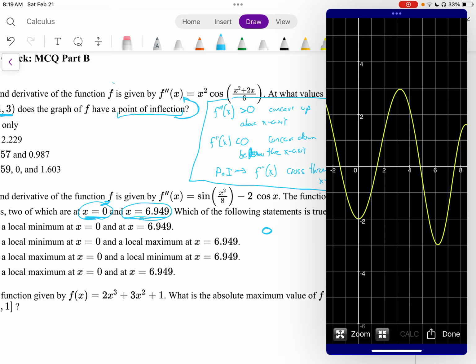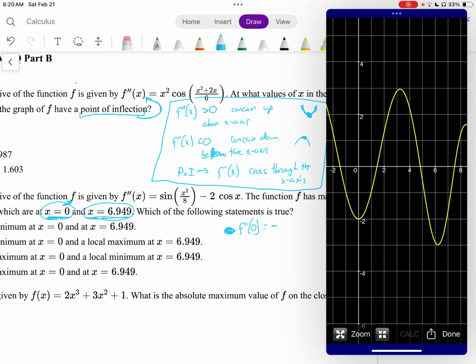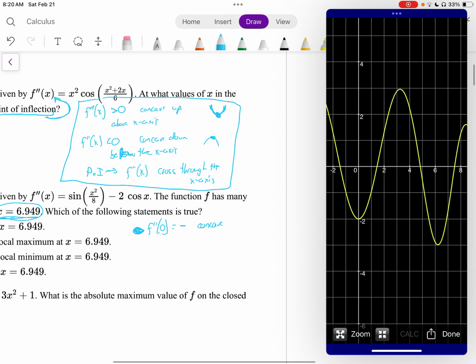So at 0, let's write it like this. The second derivative at 0 is negative, so it's concave down, which means it's a maximum. And what about at 6.949?